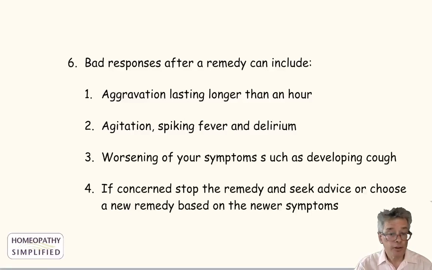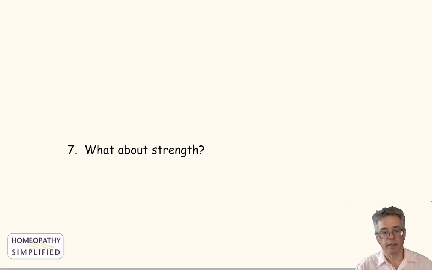So if concerned at any point, stop the remedy and seek advice, or choose a new remedy based on clear or new symptoms. And then finally, what about the strength of a remedy to take? So mostly what's available in pharmacies and health food stores that carry remedies are the numbers 30 or 200.